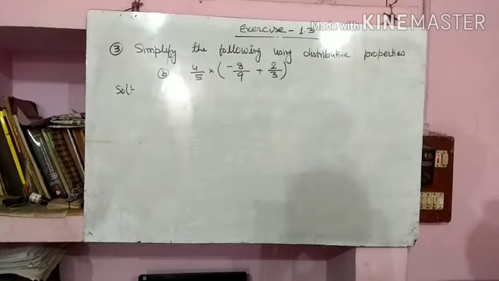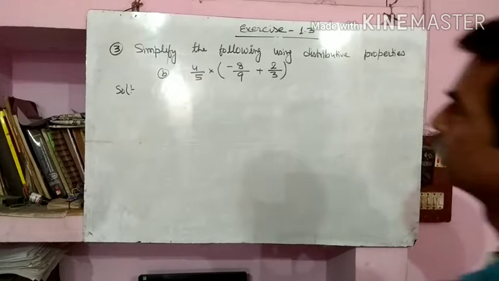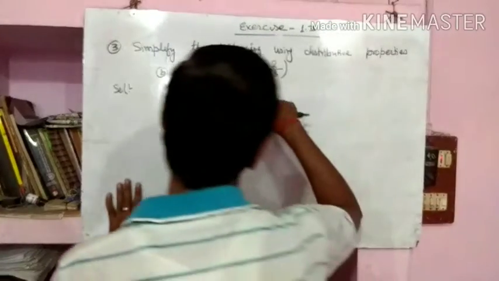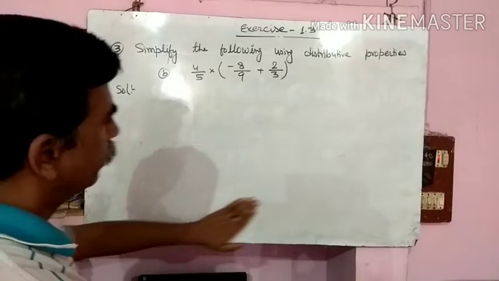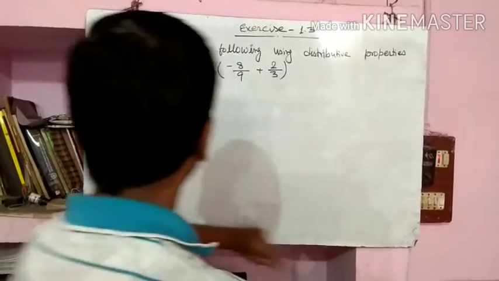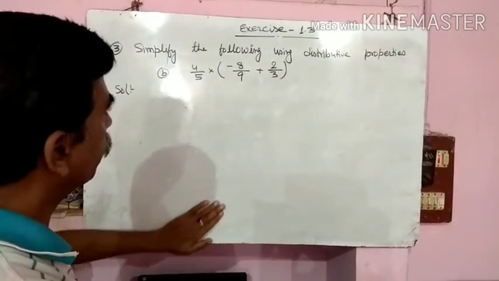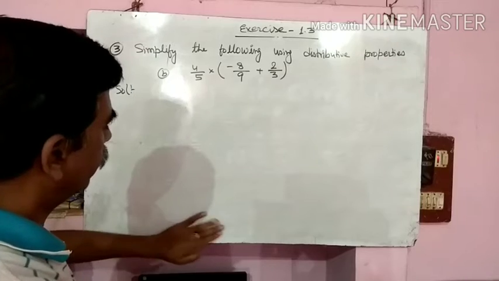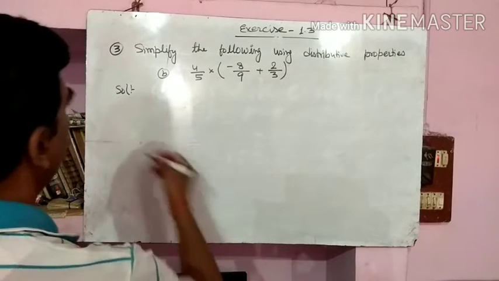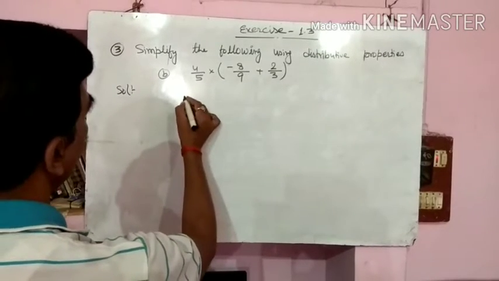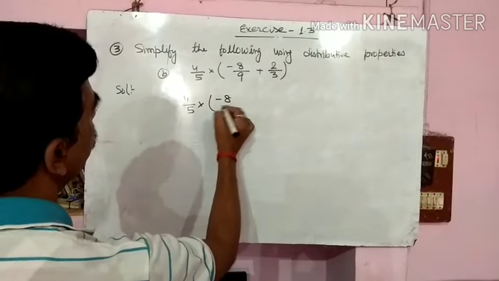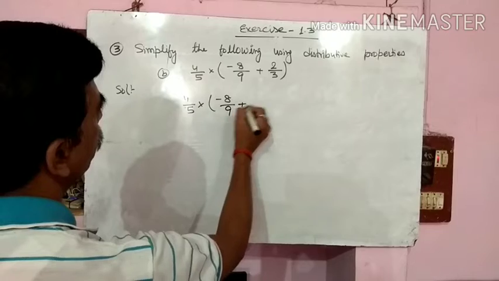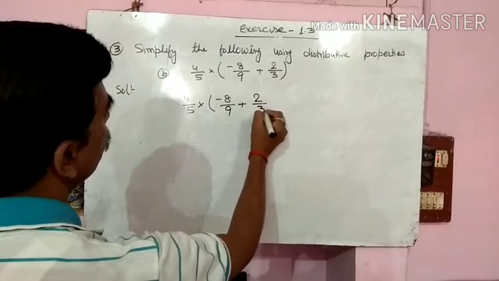Okay, look here. The next question is to simplify the following using distributive properties. The sign of addition is given here, which means we discuss the distributive property of multiplication over addition. In solving this, 4 by 5 into, in bracket, minus 8 by 9 plus 2 by 3.